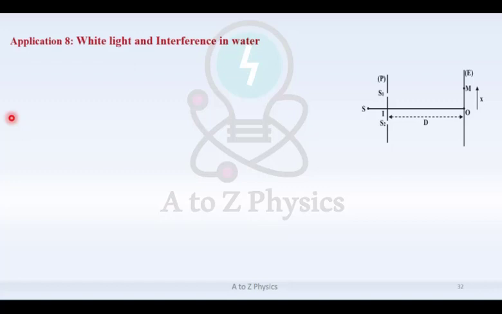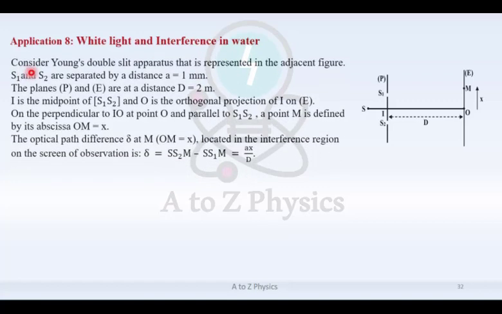Application 8. White light and interference in water. Consider Young's double-slit apparatus that is represented in the adjacent figure. S1 and S2 are separated by a distance a equal to 1 mm. The planes P and E are at a distance d equal to 2 meters.